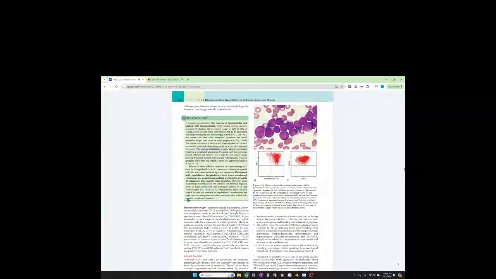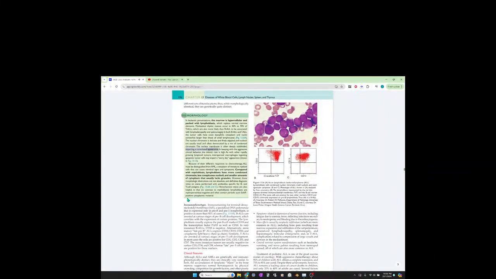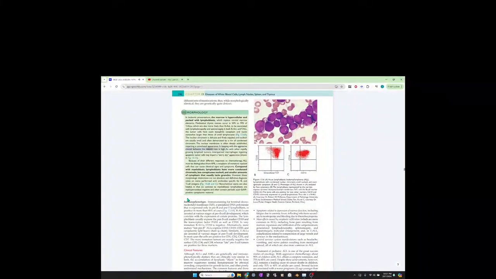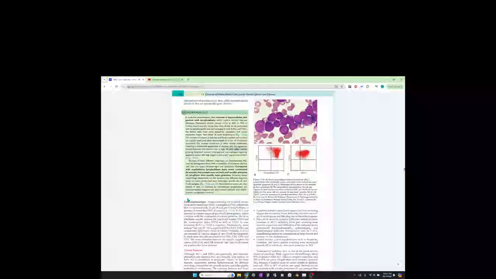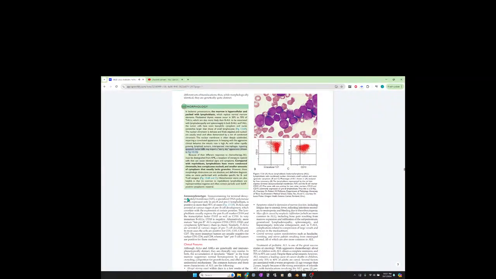The nuclear membrane is often deeply subdivided, imparting a convoluted appearance. In keeping with the aggressive clinical behavior, the mitotic rate is high. As with other rapidly growing lymphoid tumors, interspersed macrophages ingesting apoptotic tumor cells may impart a starry sky appearance.